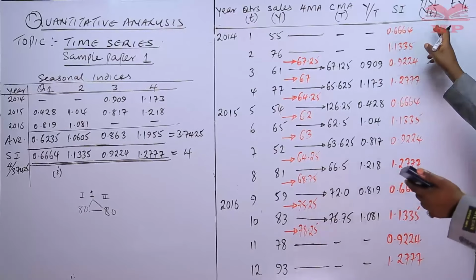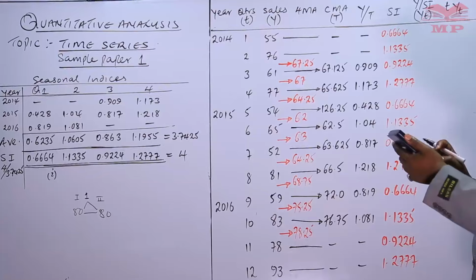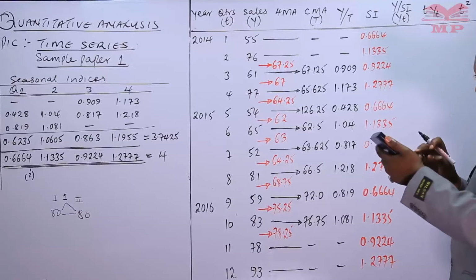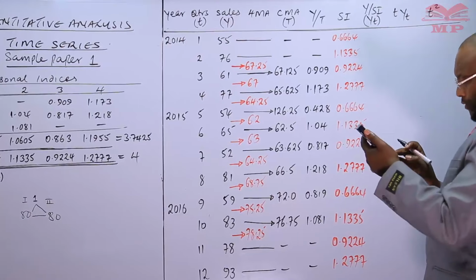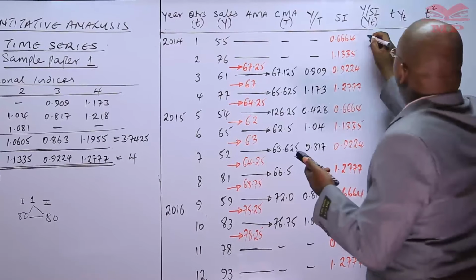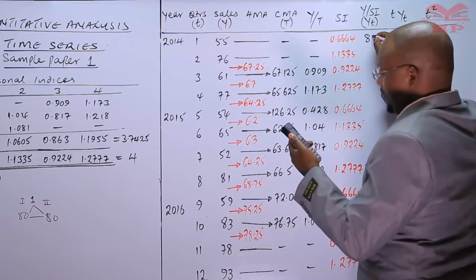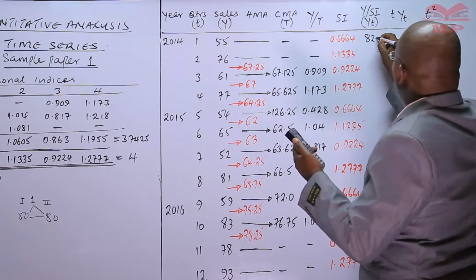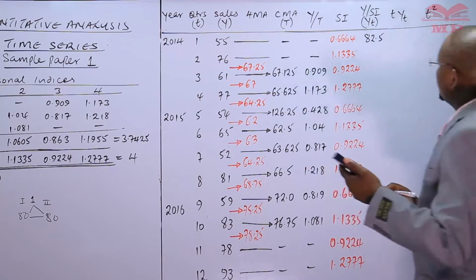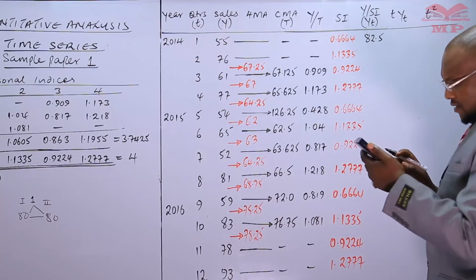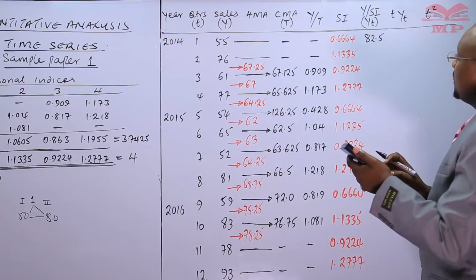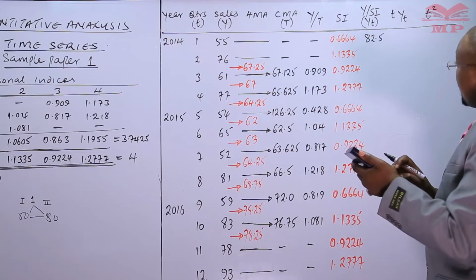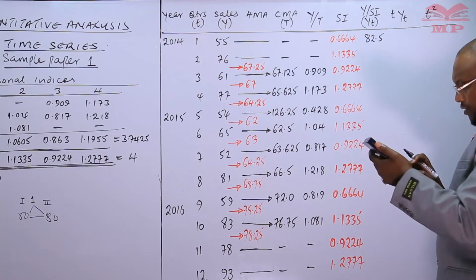So we can have 55, which is why we divide by SI. So 55 divided by 0.6664 is going to give us 82.5. The other one is 76 divided by 1.1335.